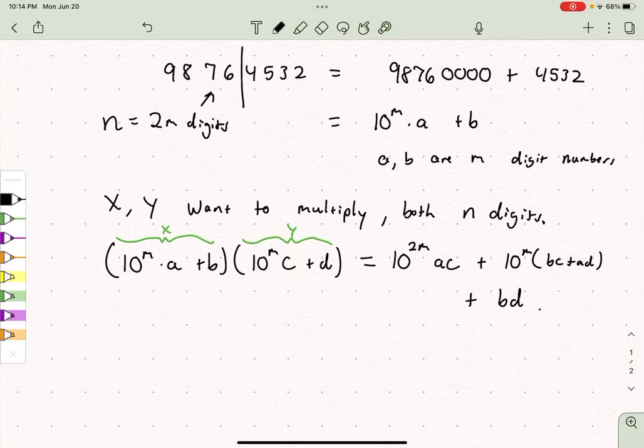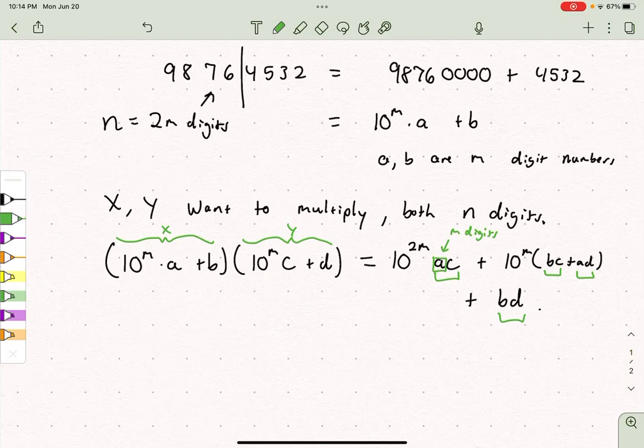And what's the benefit of this? Well, each of these numbers, or each subpart, is going to be m digits, where m is n over 2.